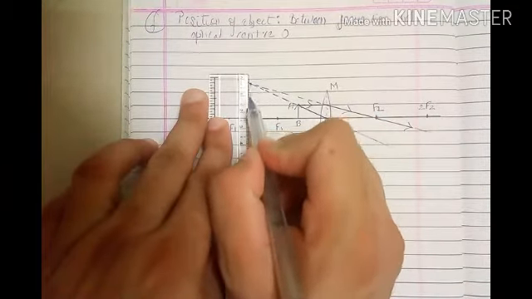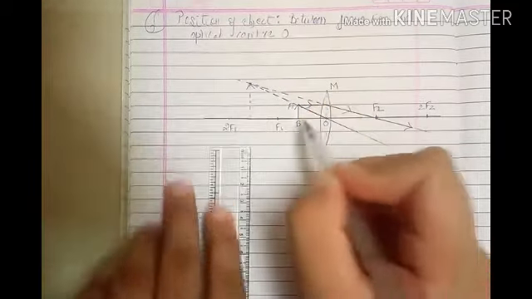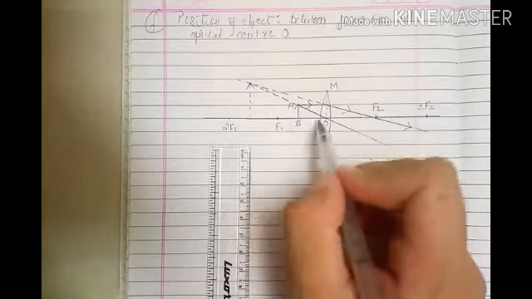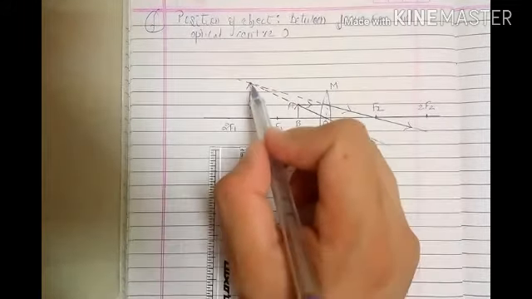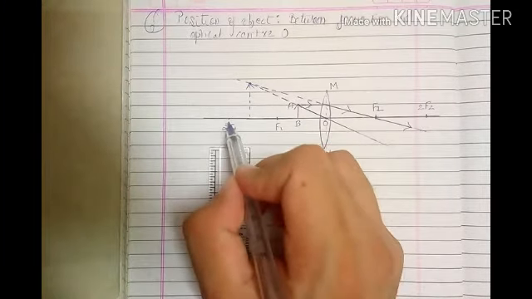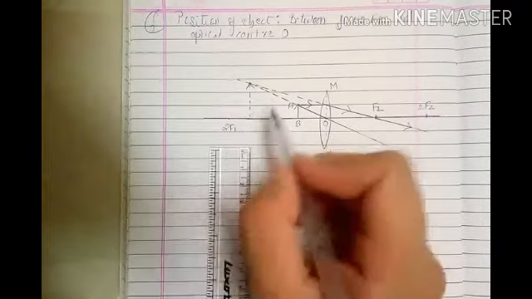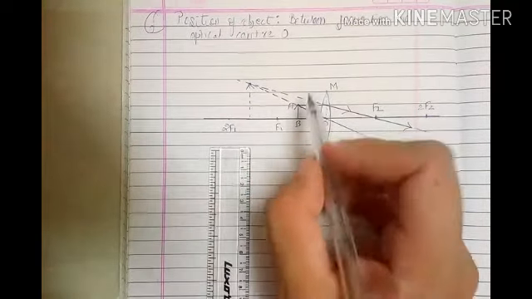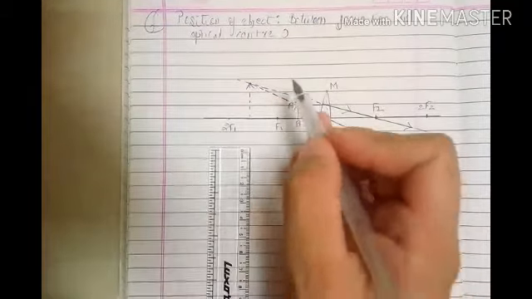Based on the size of the object and where you place it, whether at this position or this position, this image will be formed maybe between f1 or 2f1, or it may also be formed after 2f1. But what is important here is the object is on this side and the image is also formed on this side.